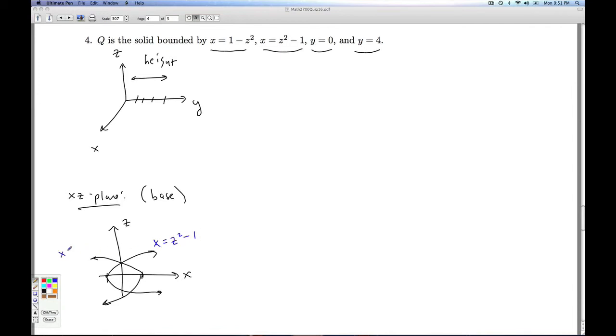This is x equals 1 minus z squared. So this area in between is going to be our base. So I need to find where these things intersect. Shouldn't come as too much of a shock. They intersect when z equals plus or minus 1.